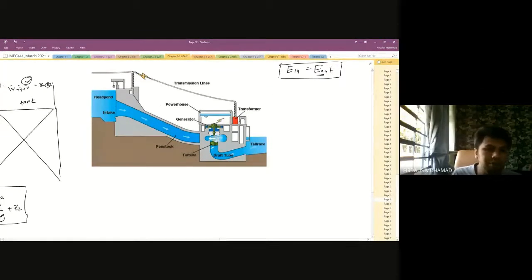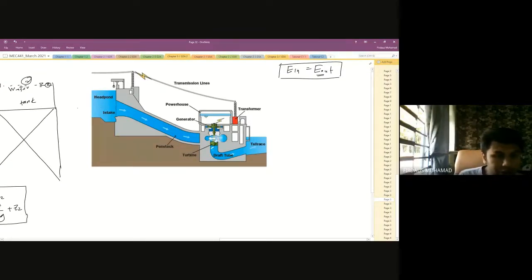Okay. So for example, this is the hydropower plant. Hydropower plant maknanya kita perlukan pump tak? Nak turunkan air daripada dam ke generator? Tak perlu. Sebab kita belajar apa?